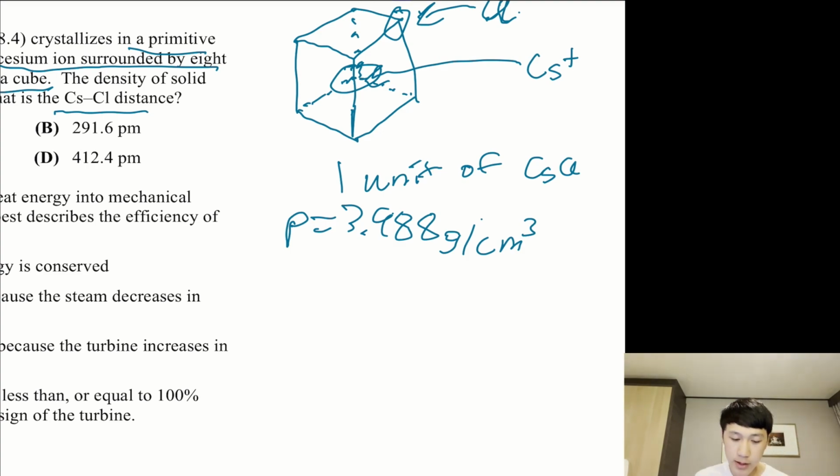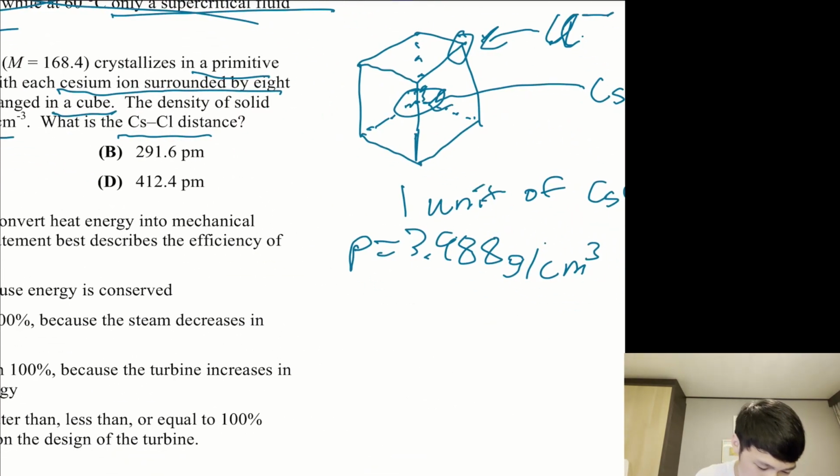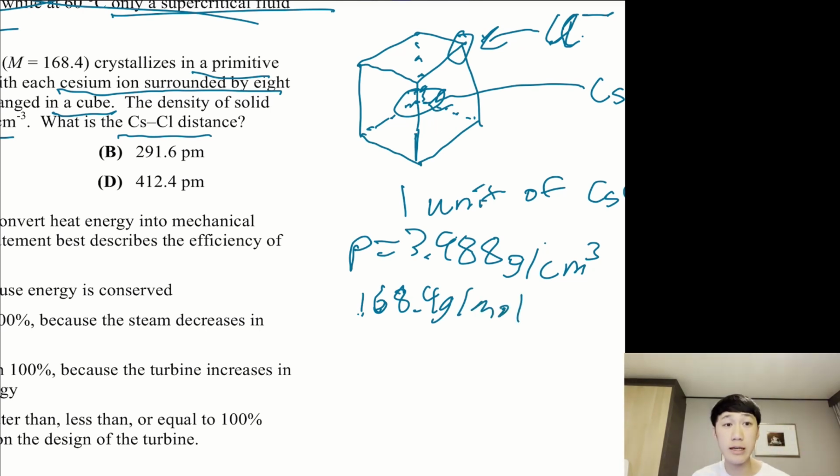And we know that cesium chloride, they gave us the molar mass, is 168.4 grams per mole. But in 1 unit cell, we don't have a mole of these. That would give us 168.4 grams. We only have 1 of these units, so we need to divide by Avogadro's number.